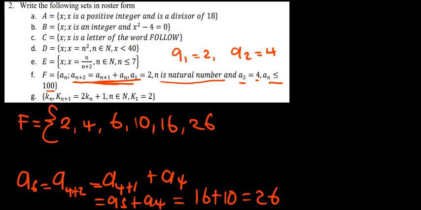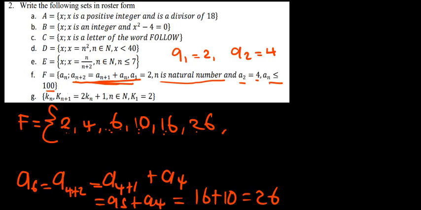We just noticed that the next term in this set would just be the addition of the previous two numbers. So the first one is 2, and then when we start from this 6 here, it will just be 4 plus 2, 6, 6 plus 10, 16, 16 plus 10, 26.